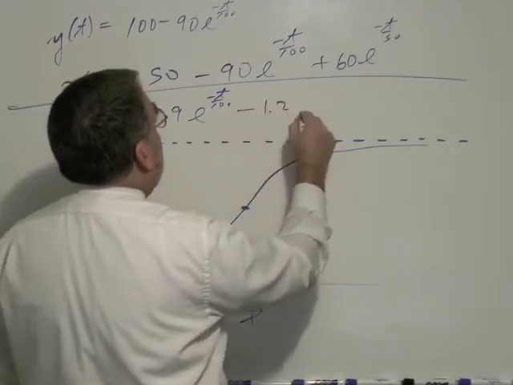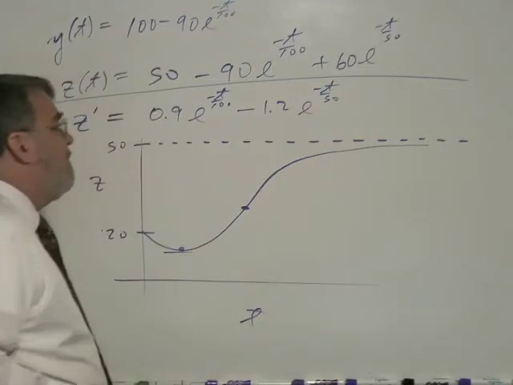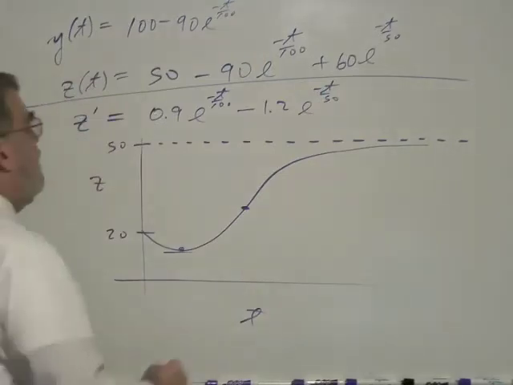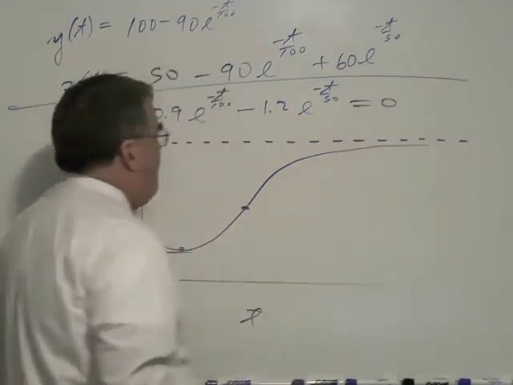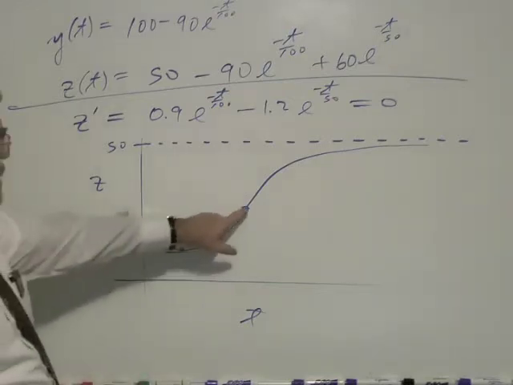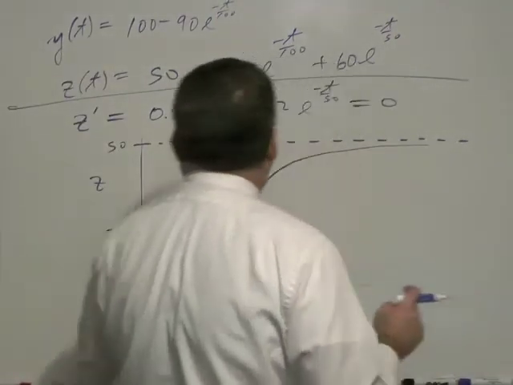Minus 1.2 e to the negative t over 50. Alright, so I want to set this equal to 0 in order to find the minimum. And unfortunately I'm going to need to erase the board here, but this is the first one I'm solving for, then later we'll get the inflection point. So let me erase this.